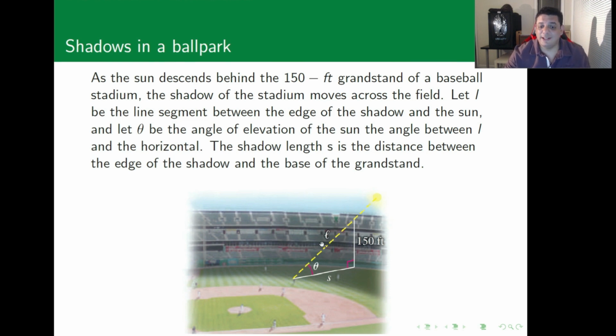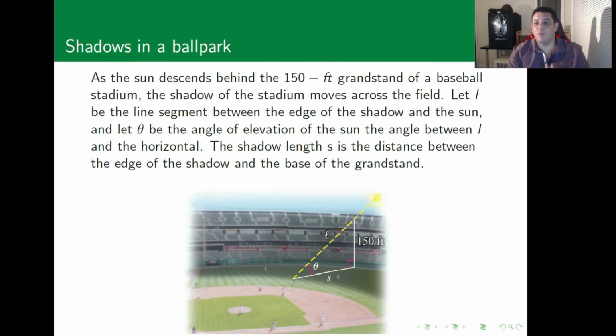Since the distance L is very difficult to calculate because we're going up to the sun, it's easier to work in terms of the horizontal and the vertical, so we can use x and 150. This is the opposite and this is the adjacent to the angle, so we're going to use the tangent function. The tangent of theta is equal to 150 over x.